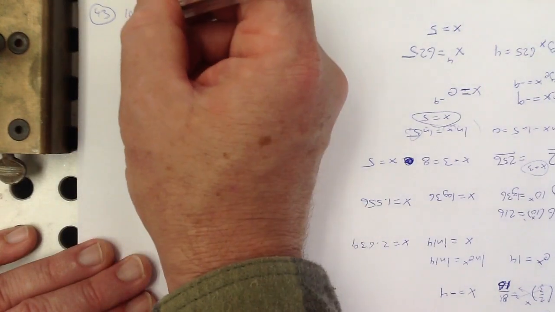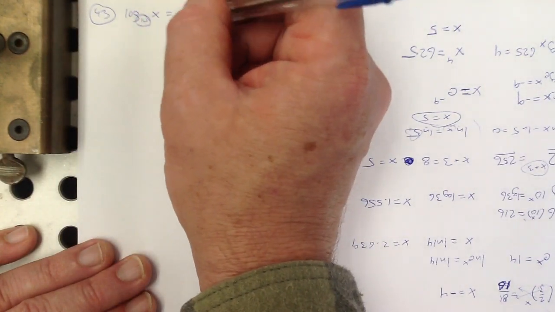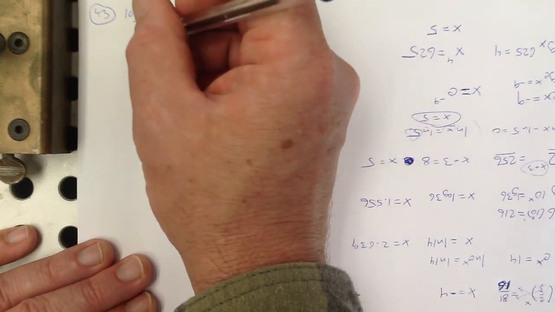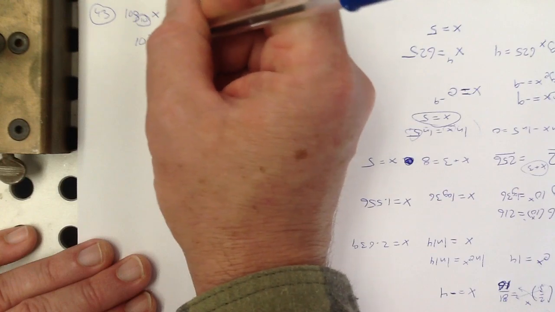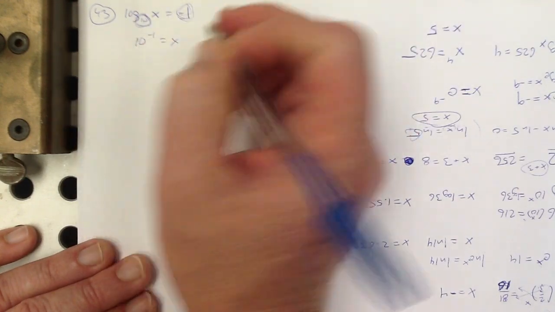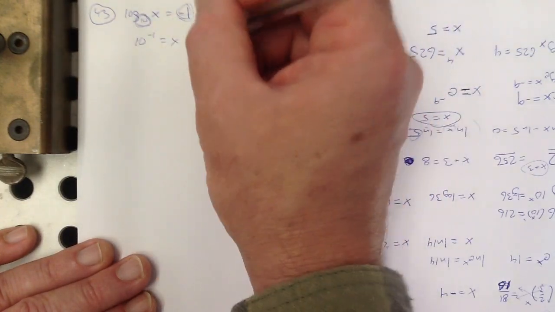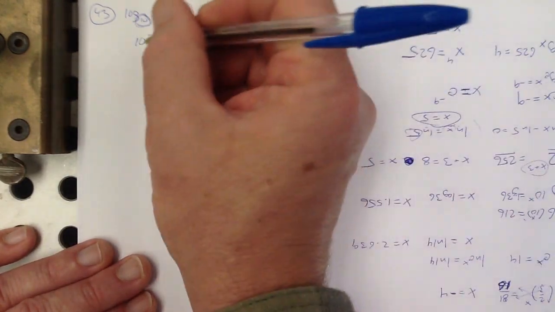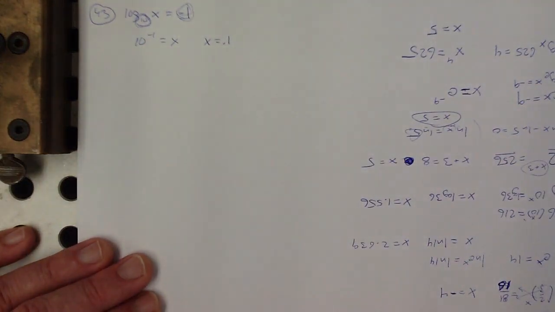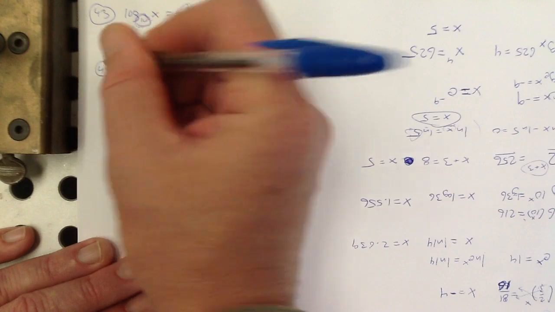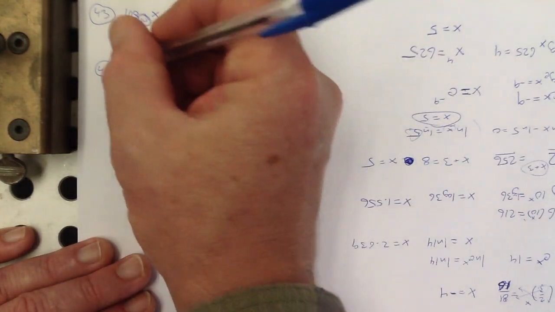This means that 10 to the negative 1 is x. So, sorry, I was saying it the wrong way. So that's just the rewrite of this in exponential form. So x is 10 to the negative 1, which is 0.1. That means 1 over 10. Sorry about the momentary confusion.